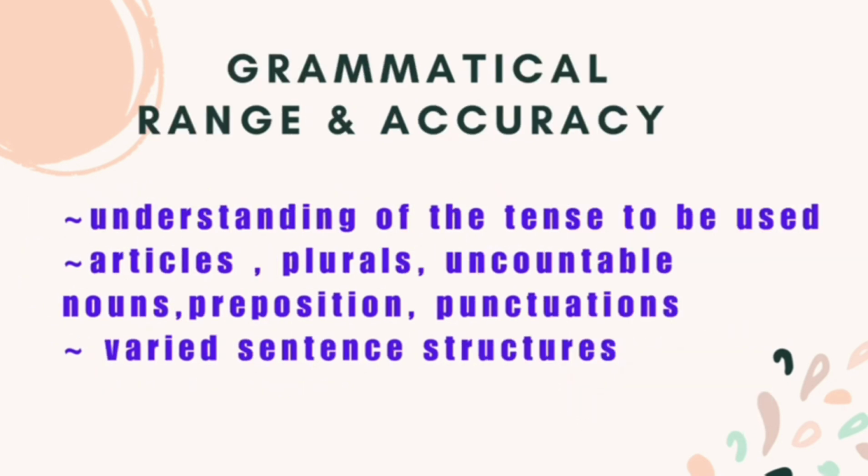Understanding of tenses is very important, whether you're writing in future tense or past tense. Similarly, placement of articles, correct spellings of plurals, uncountable nouns, prepositions, punctuation, and showcasing varied sentence structures like complex and compound forms, mentioned accurately, is very important for this criterion.